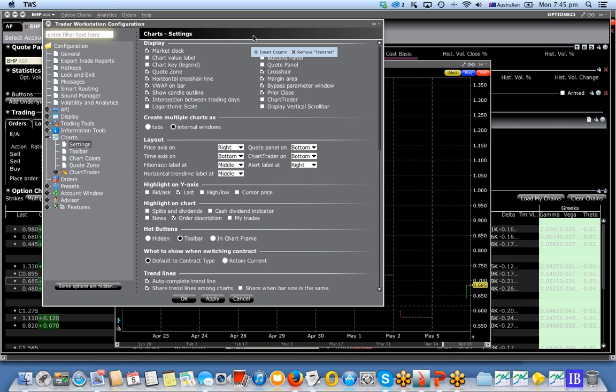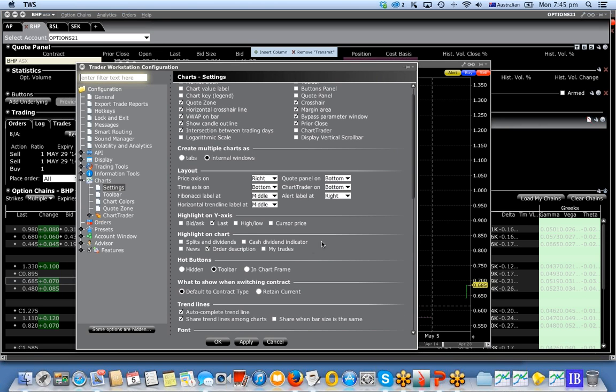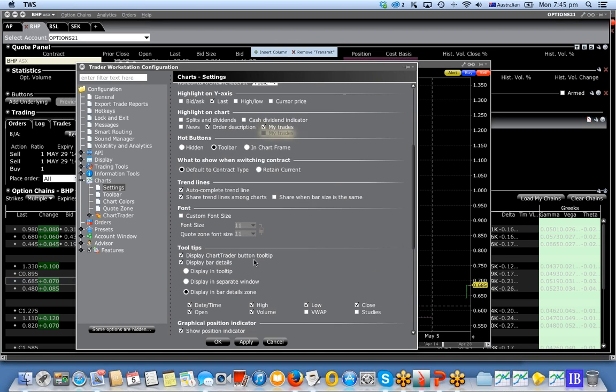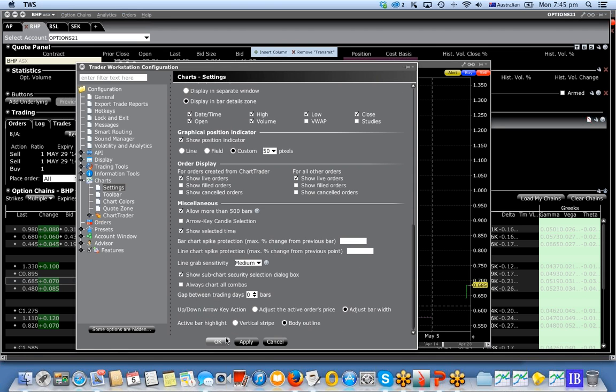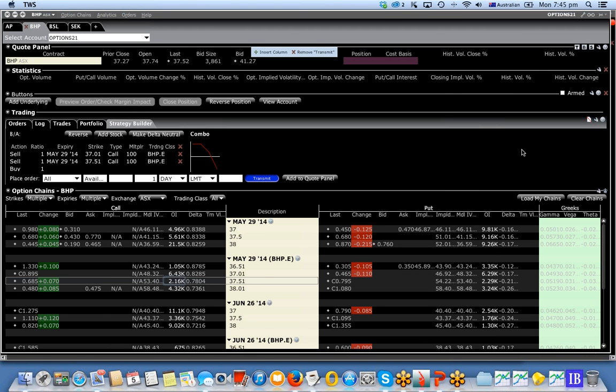I'm just looking exactly where it is. It is somewhere here. So my trades, you can see that, right? Highlight on chart my trades. So you go to settings, global settings, and highlight your trades. Okay, and then apply, of course, this, and then you will see your trades.